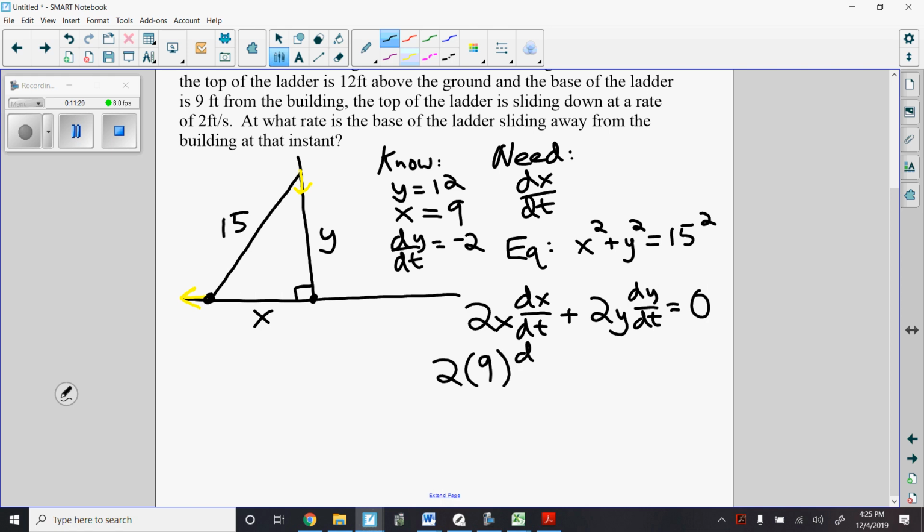That's my unknown, so it's going to stay dx dt. Plus 2 times 12 times dy dt. I know dy dt equals negative 2. I'm just plugging in all of my knowns. Equals 0.